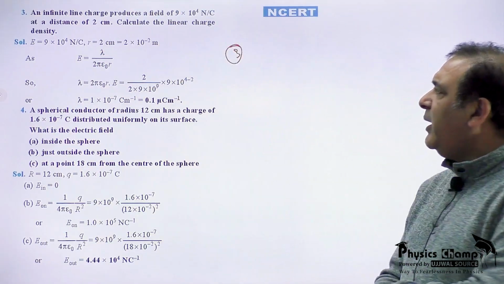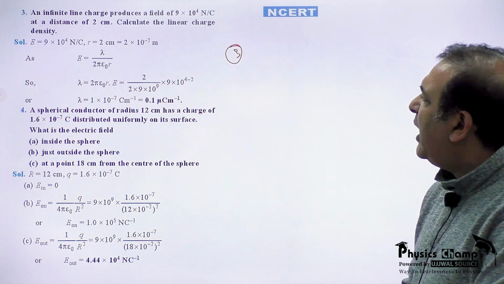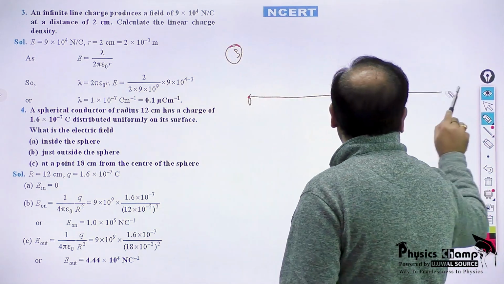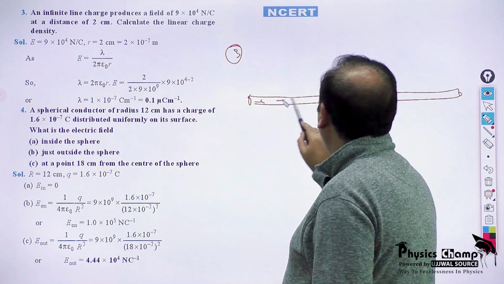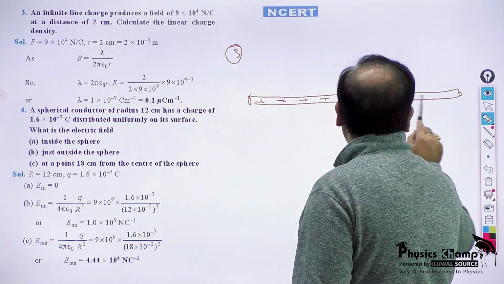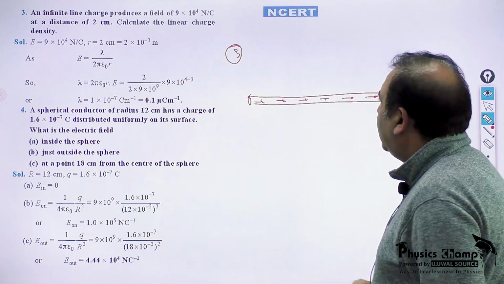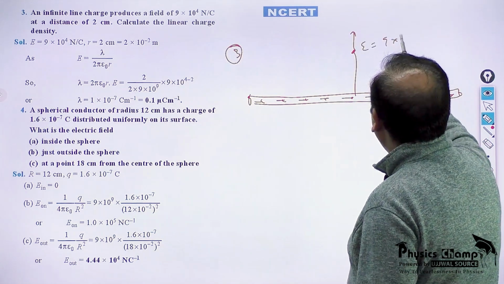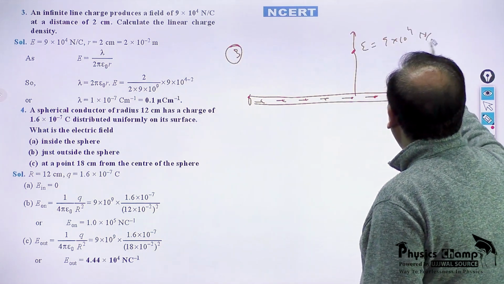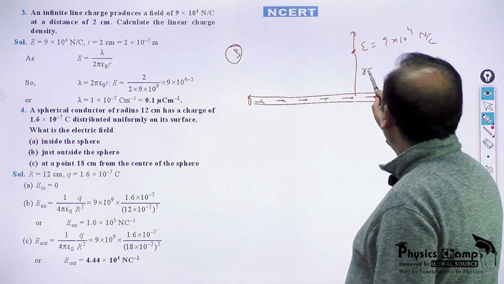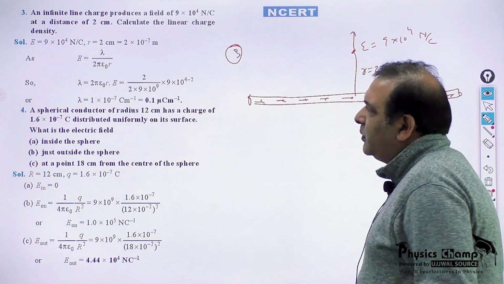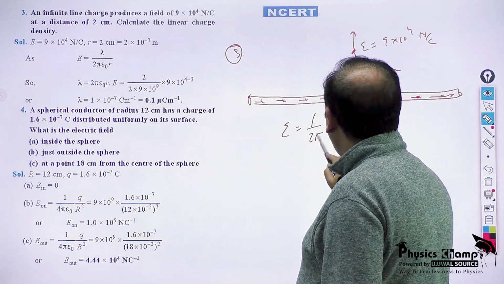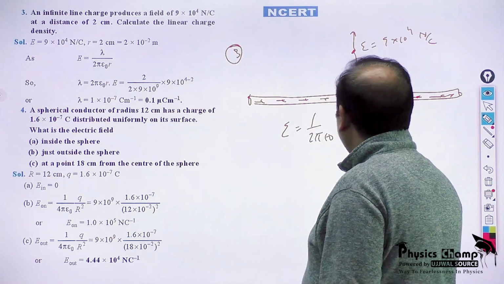An infinite line charge produces a field of... So you have a line charge which is an infinitely long rod. It is producing an electric field of 9 into 10 to the power 4 Newton per Coulomb, and that too at a distance of 2 centimeter. Calculate linear charge density. So electric field is 1 by 2 pi epsilon naught lambda by r.